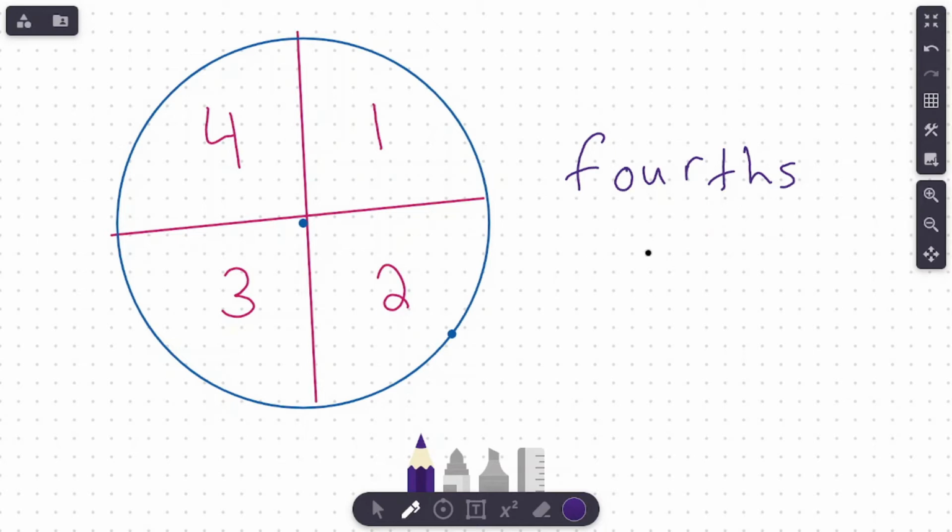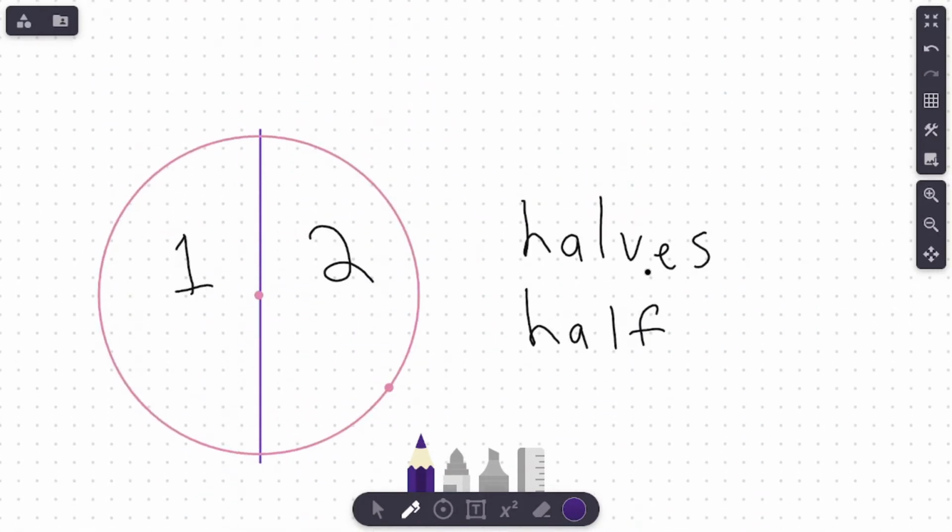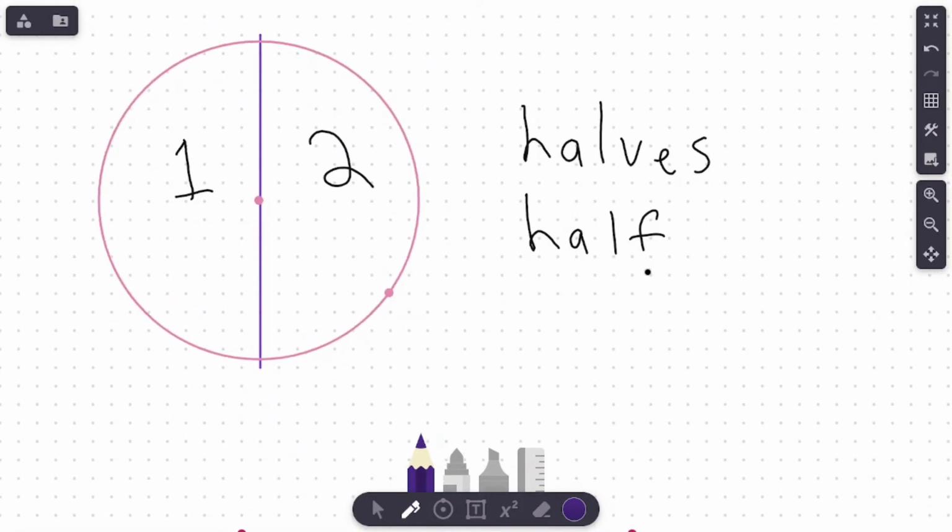So when you see an object like a pizza cut into 4 equal sections, that means you have broken it into fourths. You have divided it into fourths. Take a look here. We had halves when we broke it up into 2 equal sections.